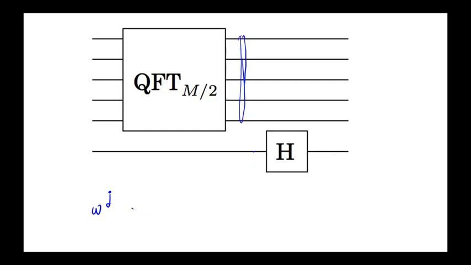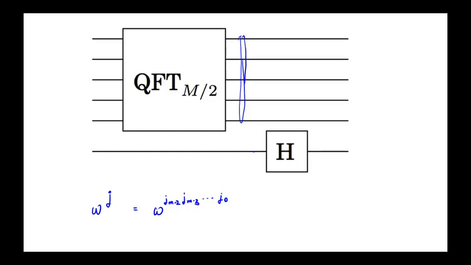Well, you write j as the bits of j. Remember, they are little m minus 1 bits, so let's call them j sub m minus 1, j sub m minus 2, and so on. Okay, so these are the bits of j, and each of these is 0 or 1.